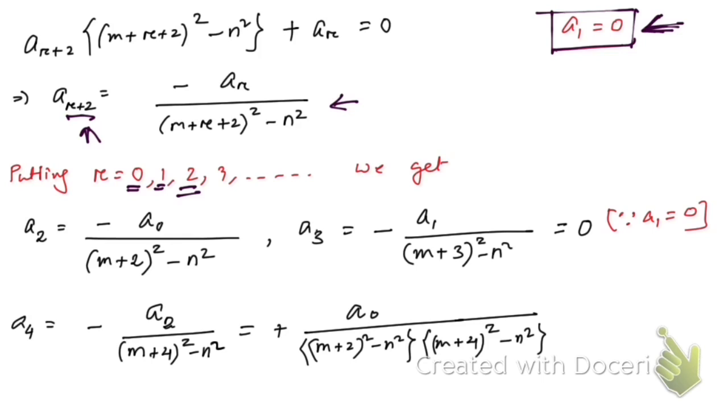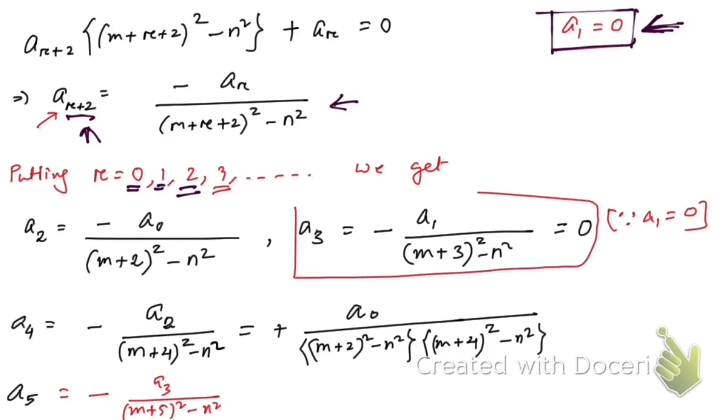Now if you want to find a5, how do we find it? If you put r equal to 3, you're going to get minus a3 divided by (m+5)² − n². As you see, a3 we have got already as 0, so this is also equal to 0.